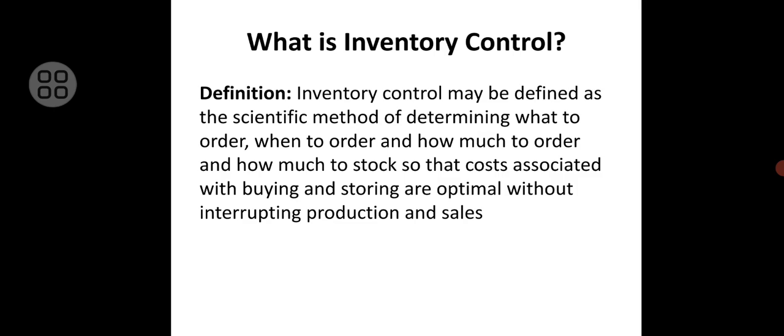Now the definition: inventory control may be defined as a scientific method of determining what to order, when to order, how much to order, and how much to stock, so that the costs associated with buying and storing are optimal without interrupting production and sales. That is called inventory control.